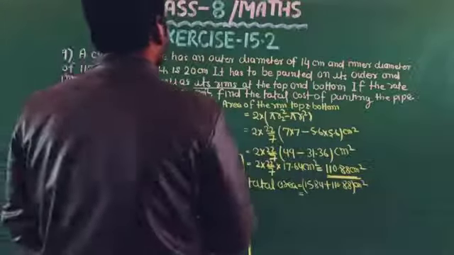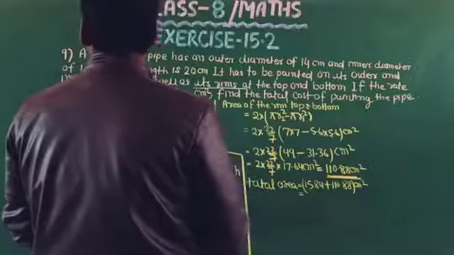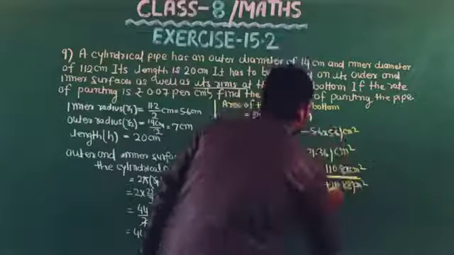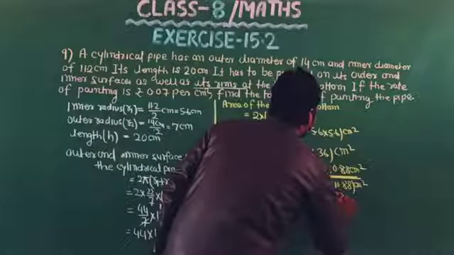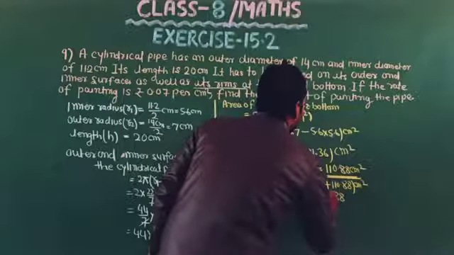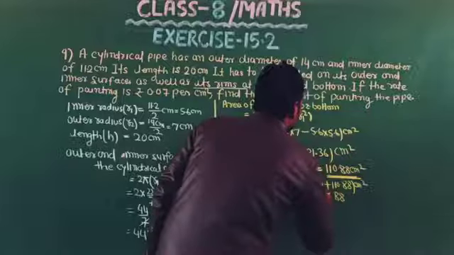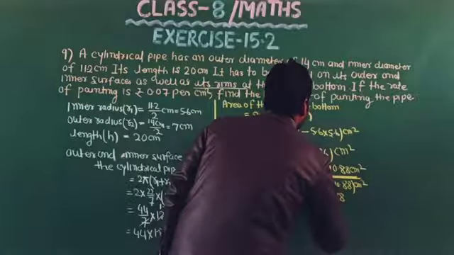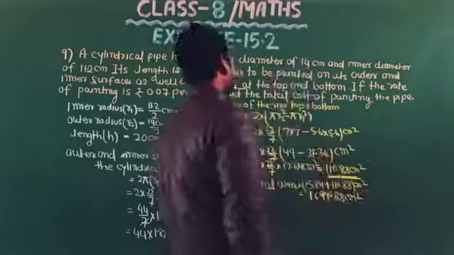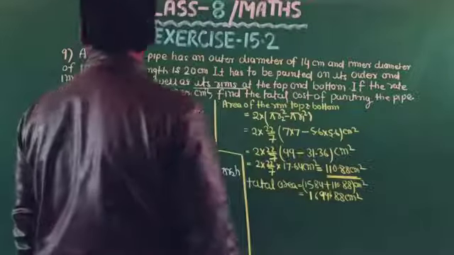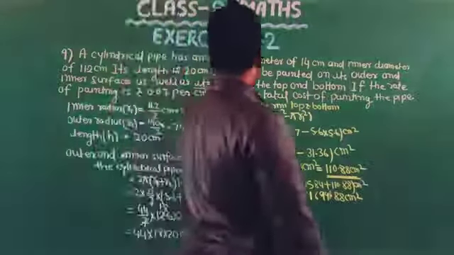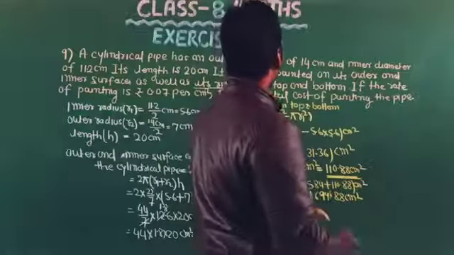So we will get total area equal to 1694.88 centimeter square. This is the total area we have to paint.